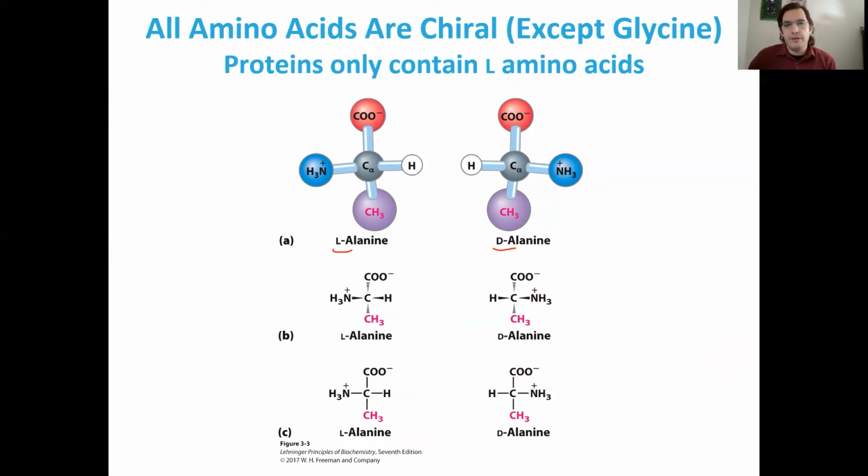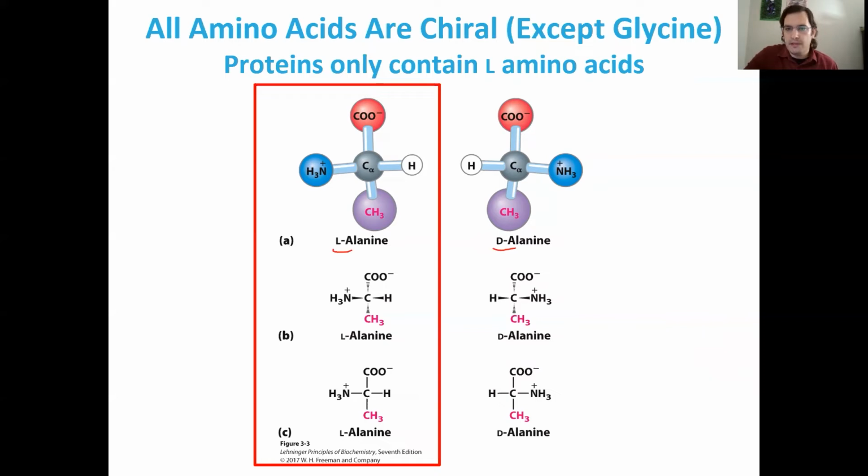And within our natural proteins, we really only see our L forms of our amino acids. So our body is actually quite chiral overall. We have a high preference for certain chiral molecules or enantiomers over their corresponding enantiomer. So in the case of our amino acids, we always prefer that L form.